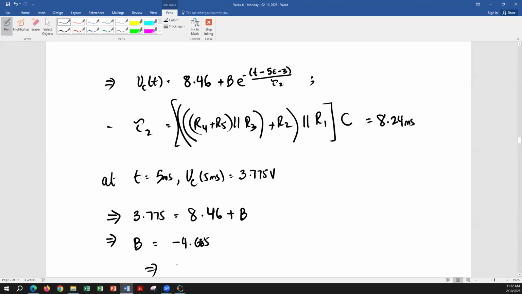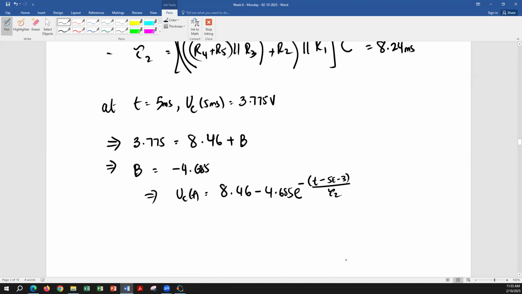So the capacitor voltage VC(t) equation is 8.46 plus minus 4.685 e to the power negative (t minus 5 millisecond) over tau, for t greater or equal to 5 millisecond.